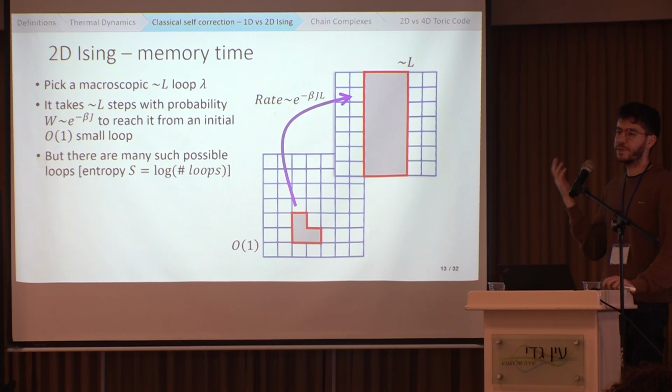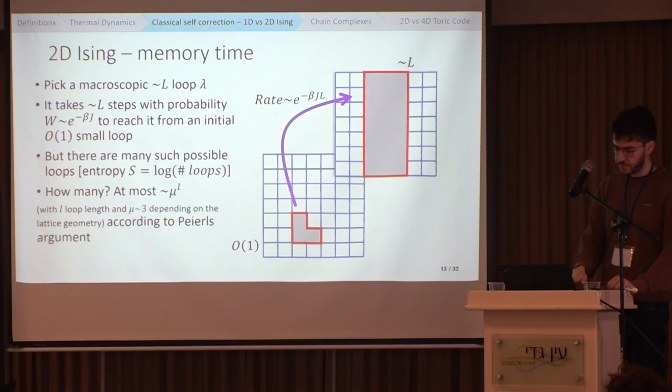This is like the entropy of loops, the log of the number of loops. So we need to take the rate, but also weight it with the number of all possible large loops in the system.